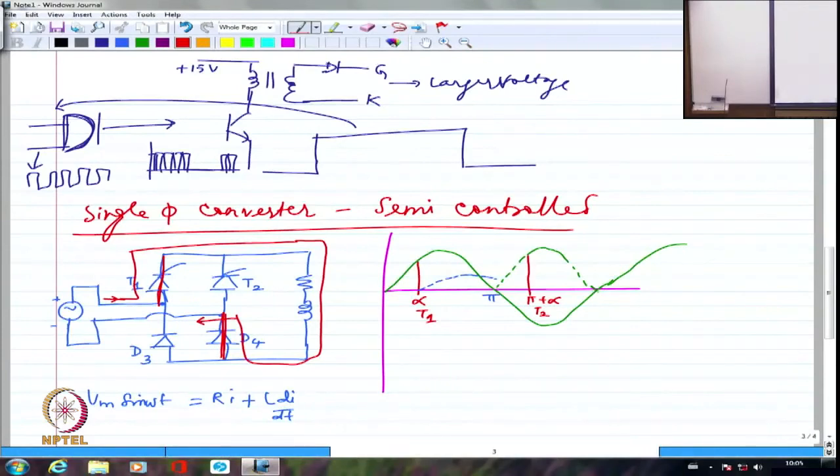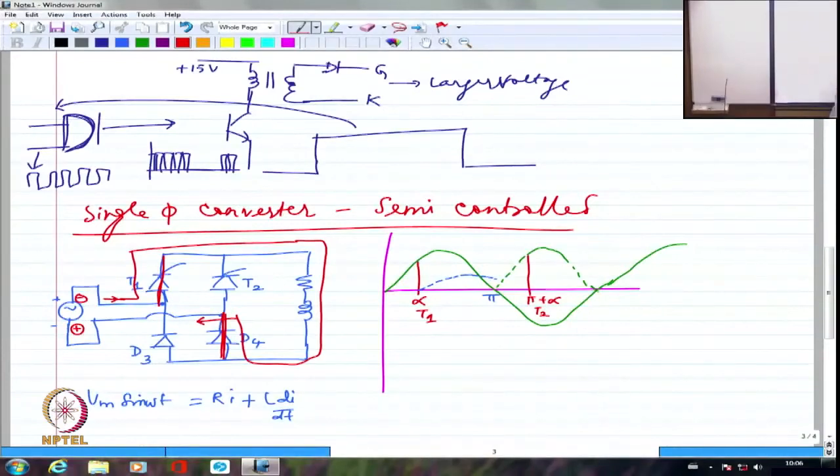So if this is a short circuit and this is reversing its voltage because omega t is pi already, I will have plus here and minus here when I am talking about the negative half cycle. This plus is connected through D4 to D3 here. This minus is connected here. Whether I like it or not, plus and minus are connected now in such a way that this diode gets forward biased.